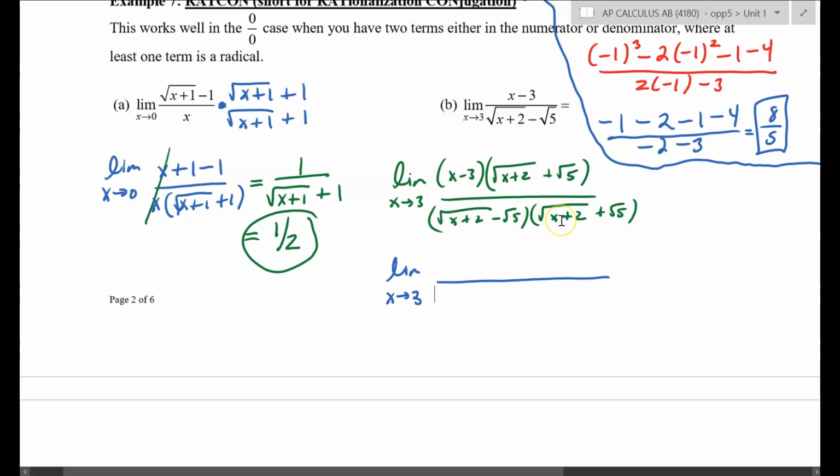Any radical times itself is what's under it. The inners and the outers will always cancel. What's any radical times itself again? So this is going to be minus what? Minus 5. All right, and I'm going to leave the top exactly the way it was.